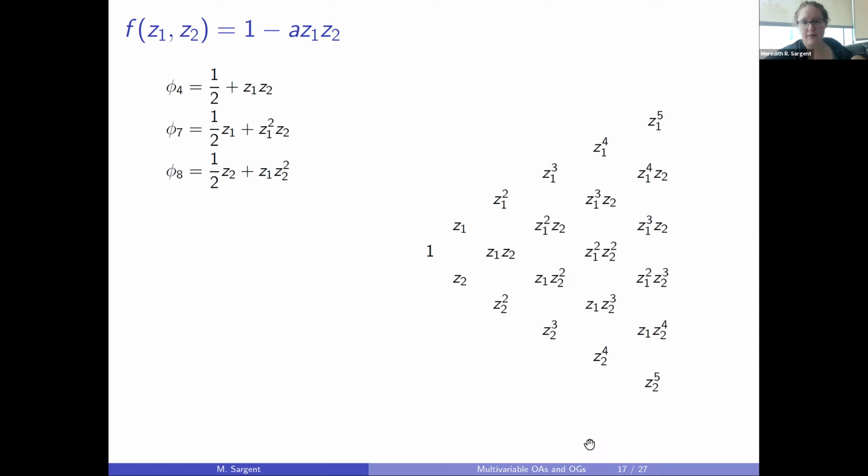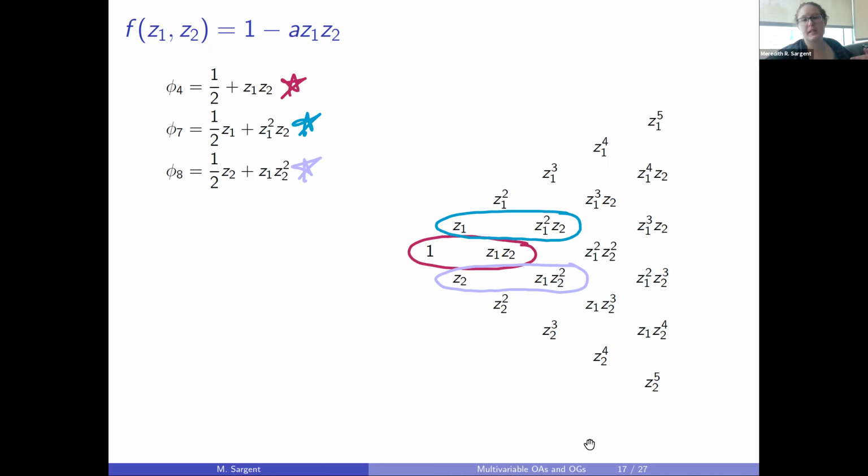And this is where my little triangle diagram comes back in. Because if you look at which monomials are included in each of these orthogonal polynomials, you see, oh, look, they all stay in their little row. And then when I go up to Z1 squared Z2, I really am just saying, okay, take this orthogonal polynomial, multiply by Z1, or multiply by Z2.